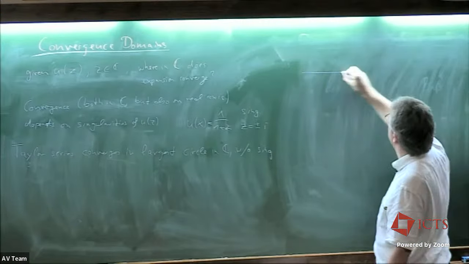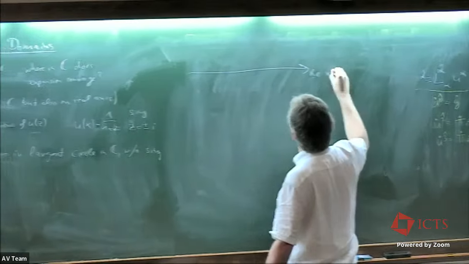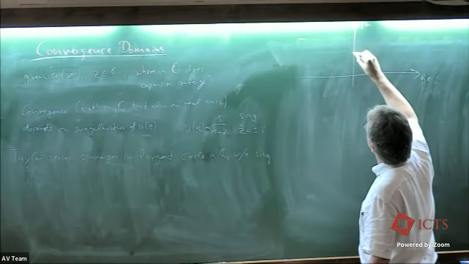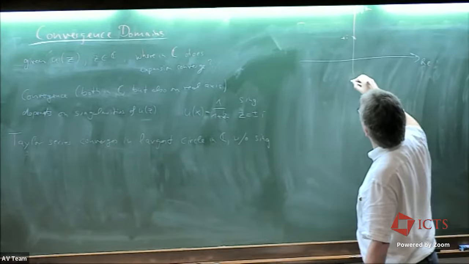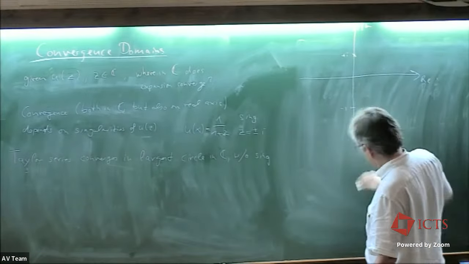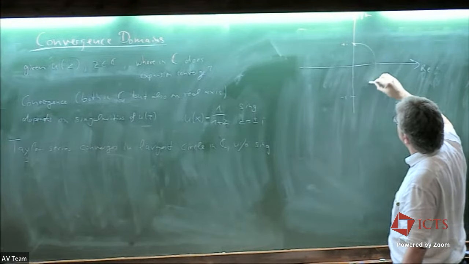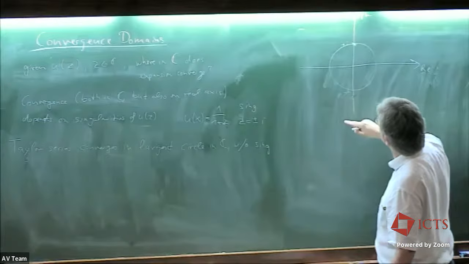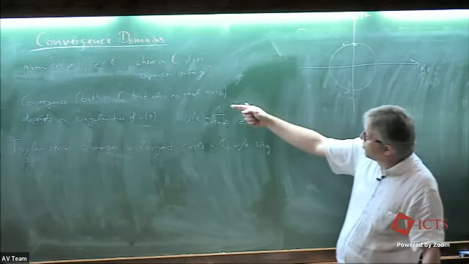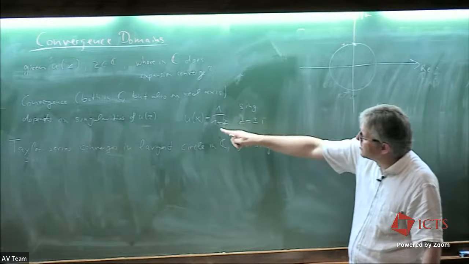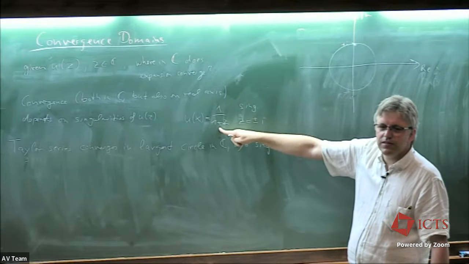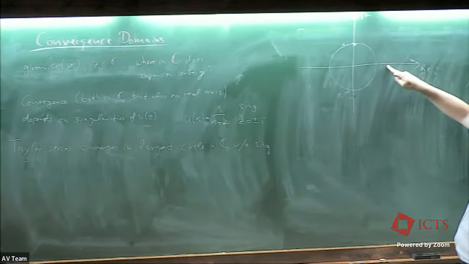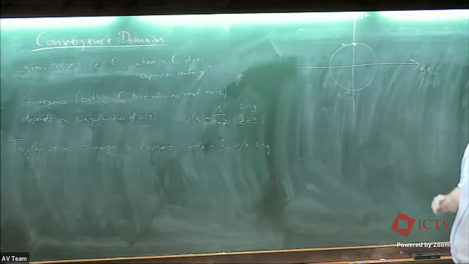We have the real part, x, and the imaginary part. We have our singularities at plus i and at minus i. And that means the Taylor series is only going to converge in the circle of radius 1. So if you Taylor expand 1 over 1 plus x squared, as nice as this function looks, if you're trying to evaluate the Taylor series at 1.2, it will fail. It fails to evaluate because of this pole on the imaginary axis.